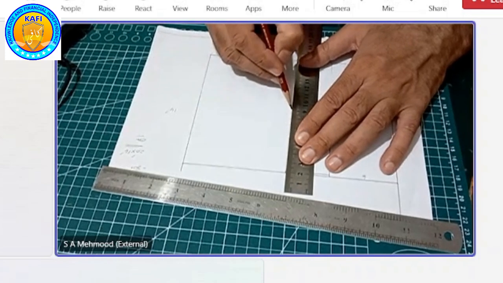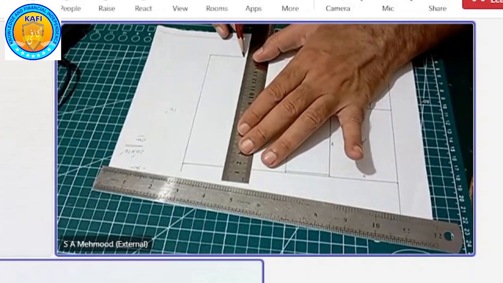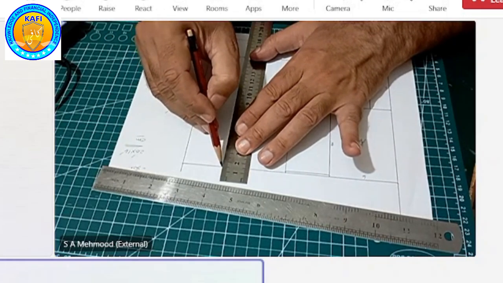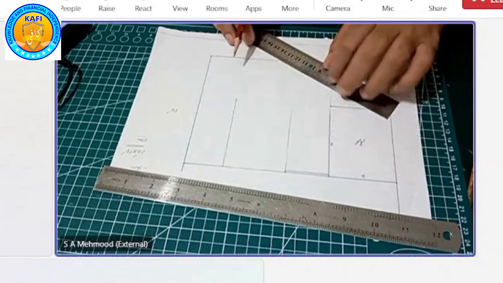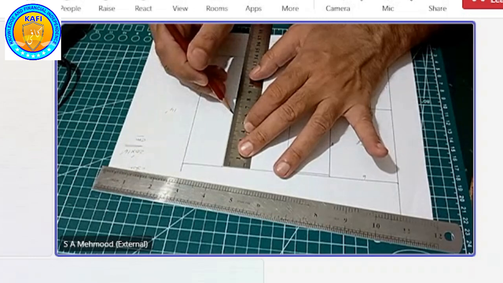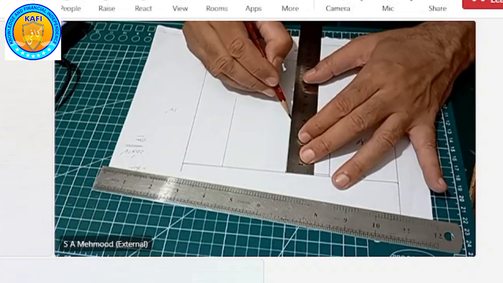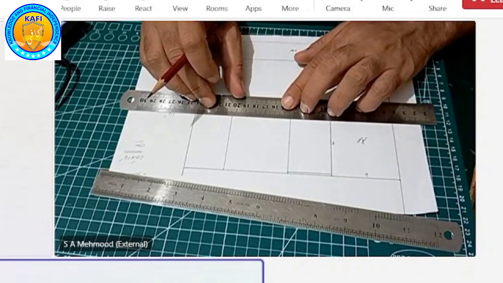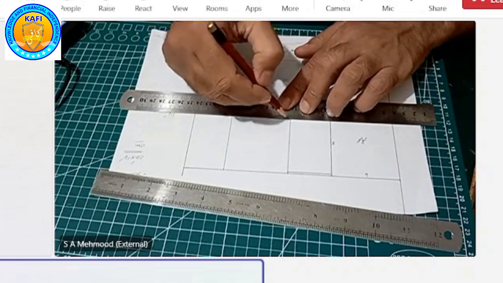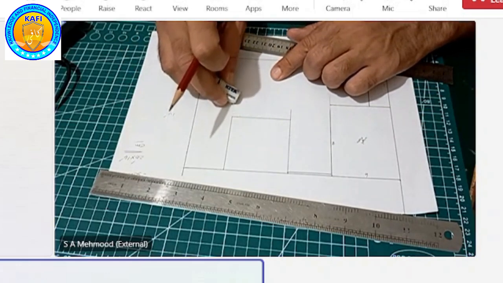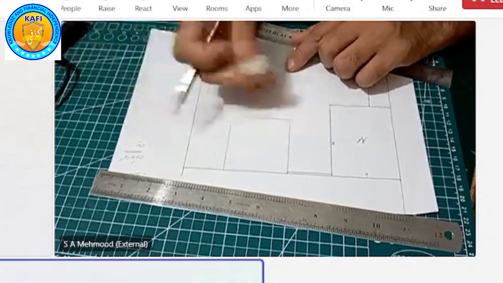I'm just going to put like this, okay, and another one on the other side, okay, and this bed was 6 feet by 6 feet, marking over 6 feet here, marking over 6 feet here, this is my bed, okay. You got the idea?